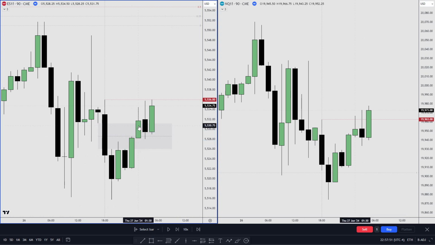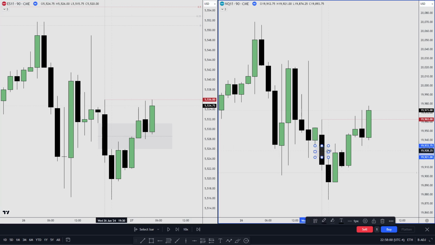So at the close of this particular candle here, we have closed above this bearish fair value gap, and on NQ it has closed higher. So this is by no means an indication that we are going to reverse and then go lower.